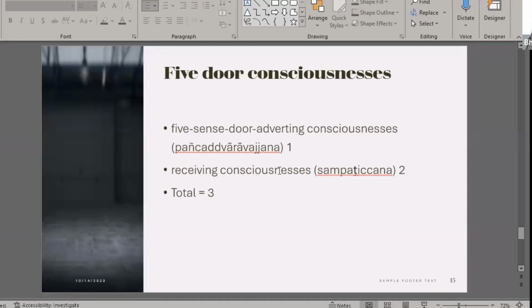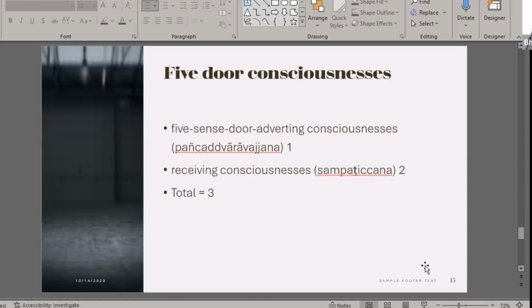Altogether 3. We also call these Mano Dhatu. We will learn the classification of 18 Dhatus, 18 elements, later. Please keep this term in mind: Mano Dhatu is 2 Sampaticchana and 1 Panchadvara Vajjana. These 3 chittas arise in the 5 doors.